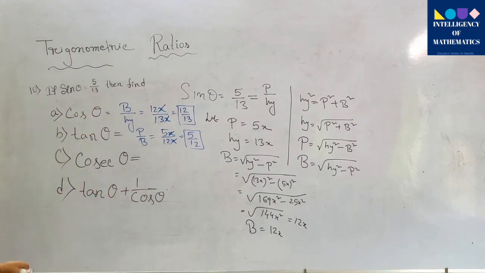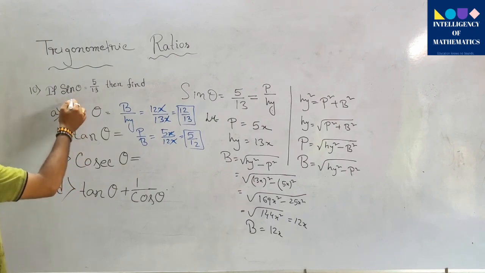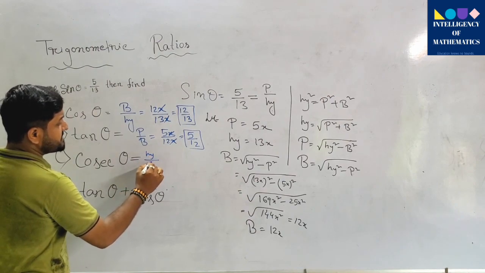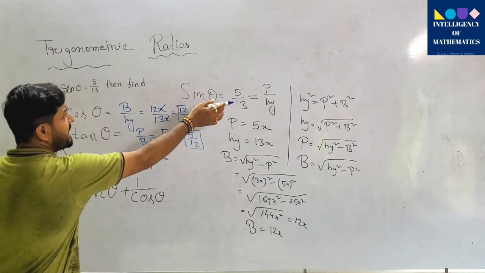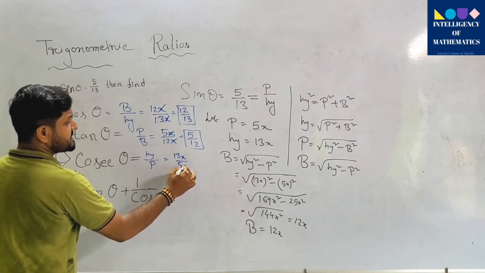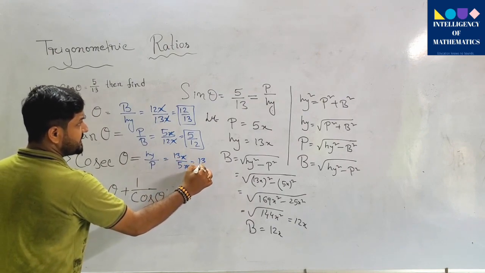Same way, cosec is the reciprocal of sine, so it is hypotenuse by perpendicular. We get 13x by 5x. x cancels and we get 13 by 5.